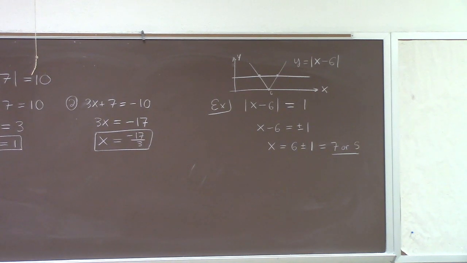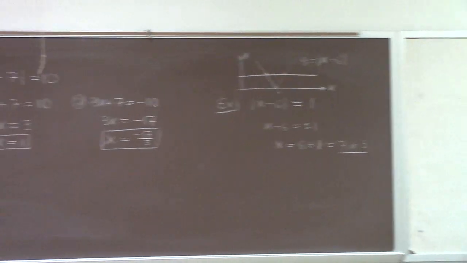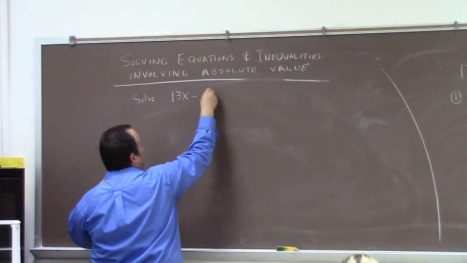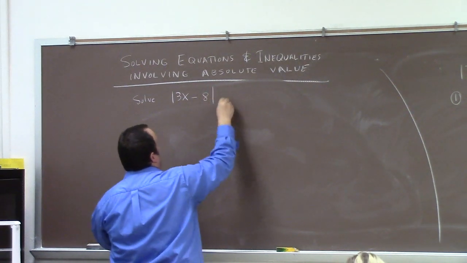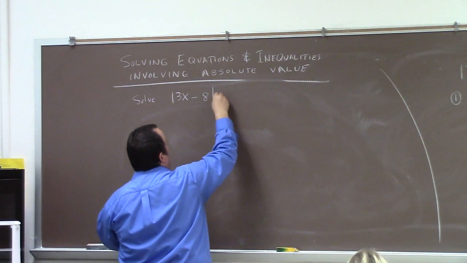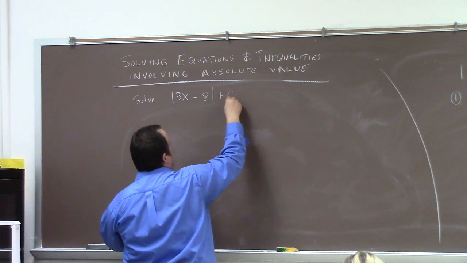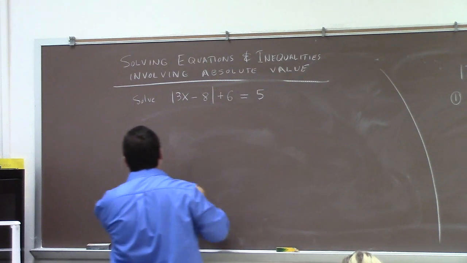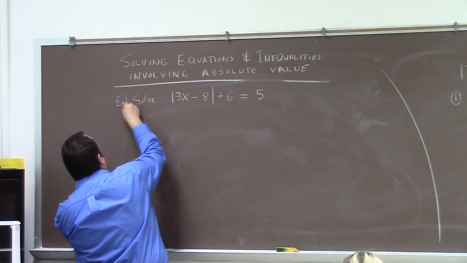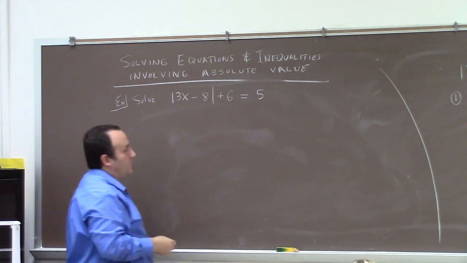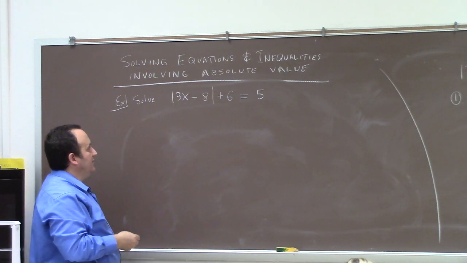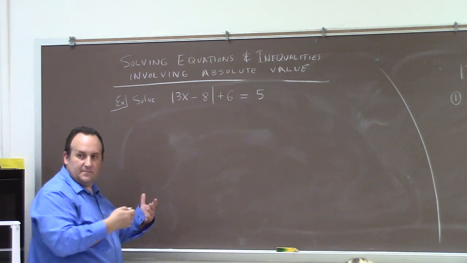Solve the absolute value of 3x minus 8, plus 6, equals 5. The first thing you want to do is isolate the absolute value.